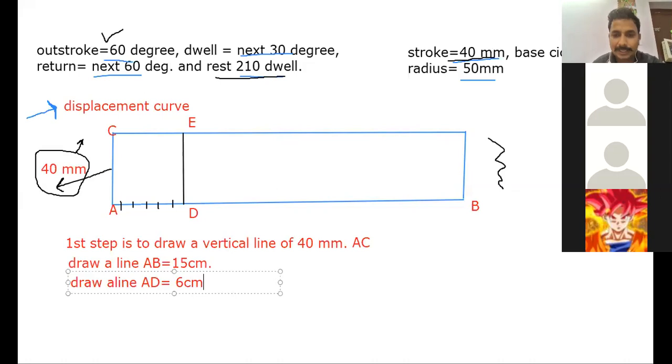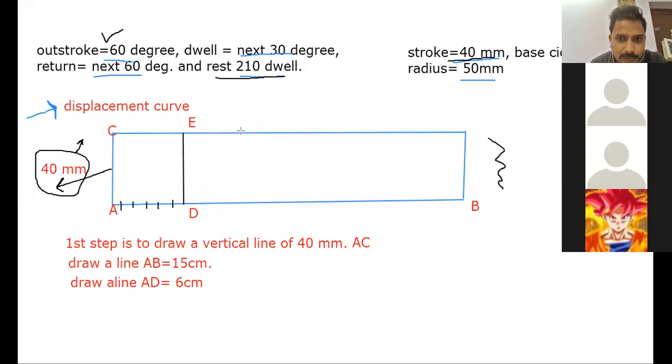Now the next thing that is given in the question is, for the next 30 degrees, we have a dwell. So again I would create a line from the next point, and that would be equal to 3 centimeters, because it is given 30 degrees from here.